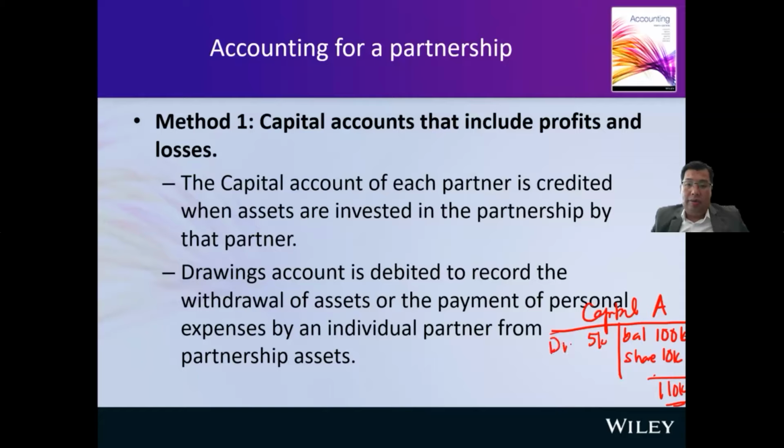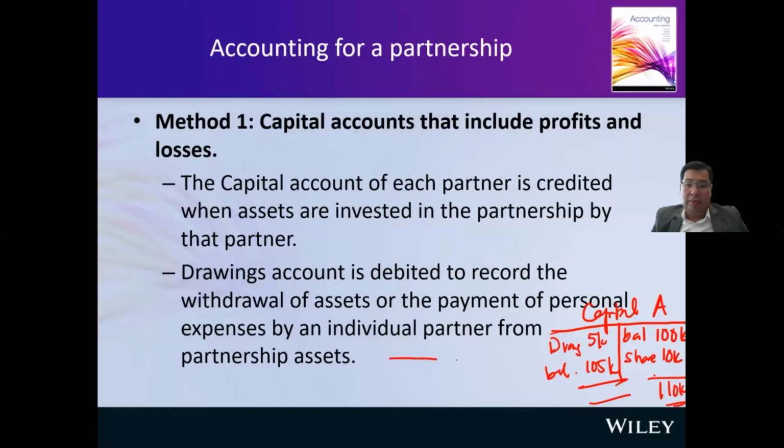This is drawing. So the balance for A's capital is now 105,000. So we need to account for any increase from the share of profit of A, and also minus the drawing.